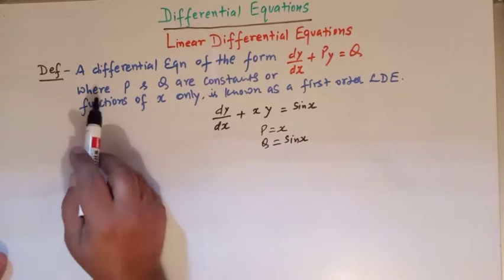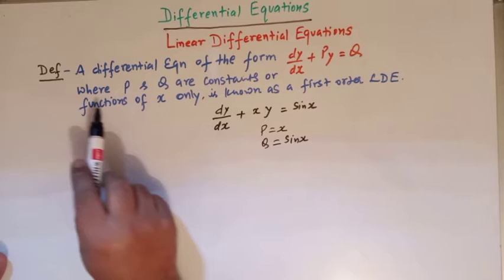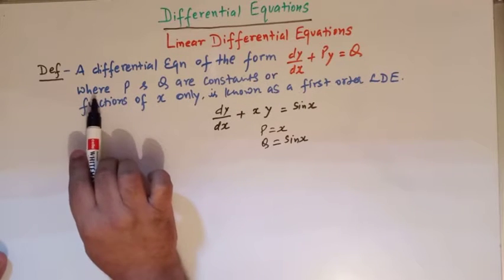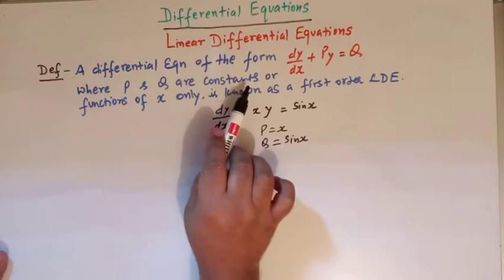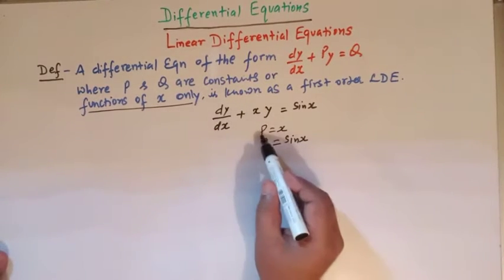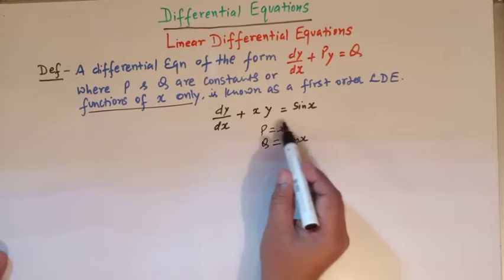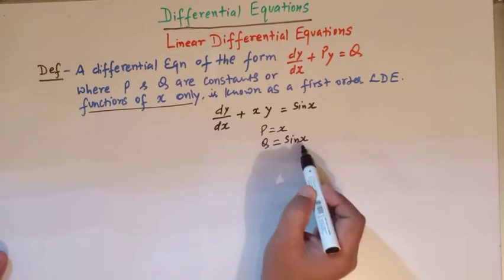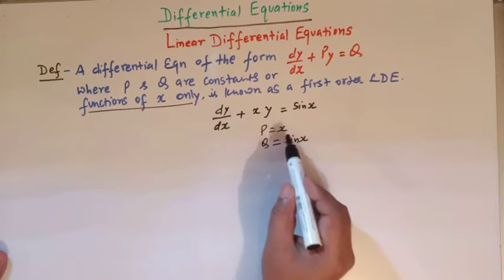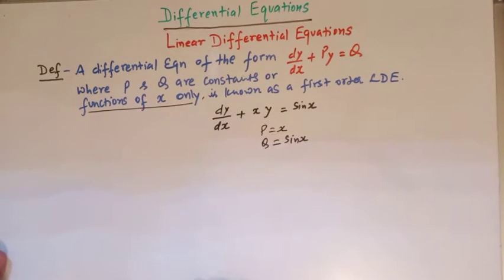And in the definition, we have said that p and q are constants or functions of x only. So here p is equal to x and q is equal to sin x. So p and q are functions of x only. Clear?